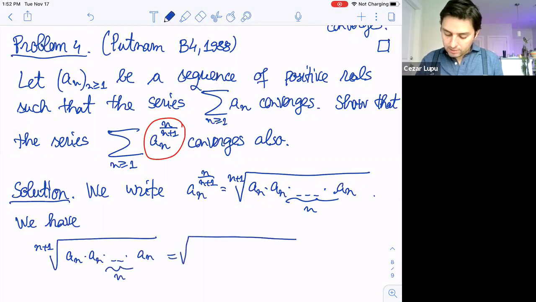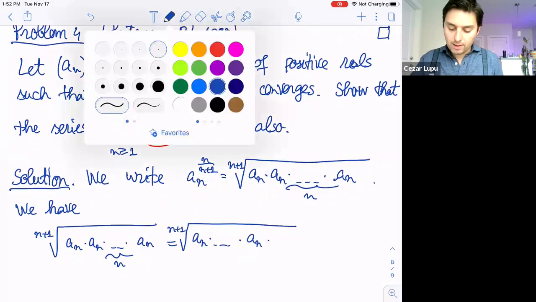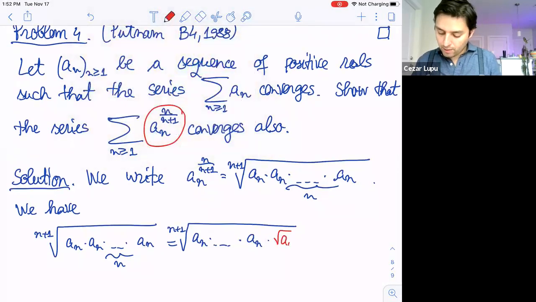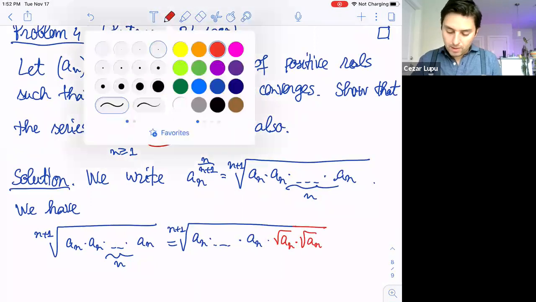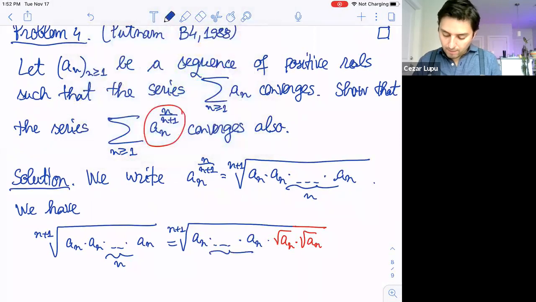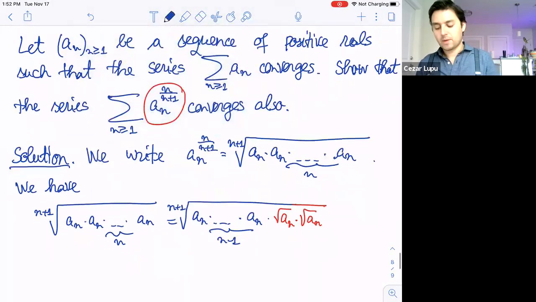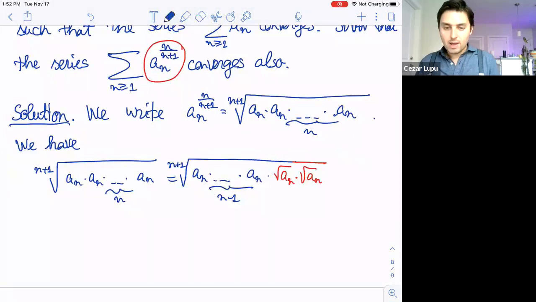This can be written as a_n times, and now I'm going to break one of the a_n's into 2 square root of a_n. Here I'll have a_n how many times? n minus 1 times.